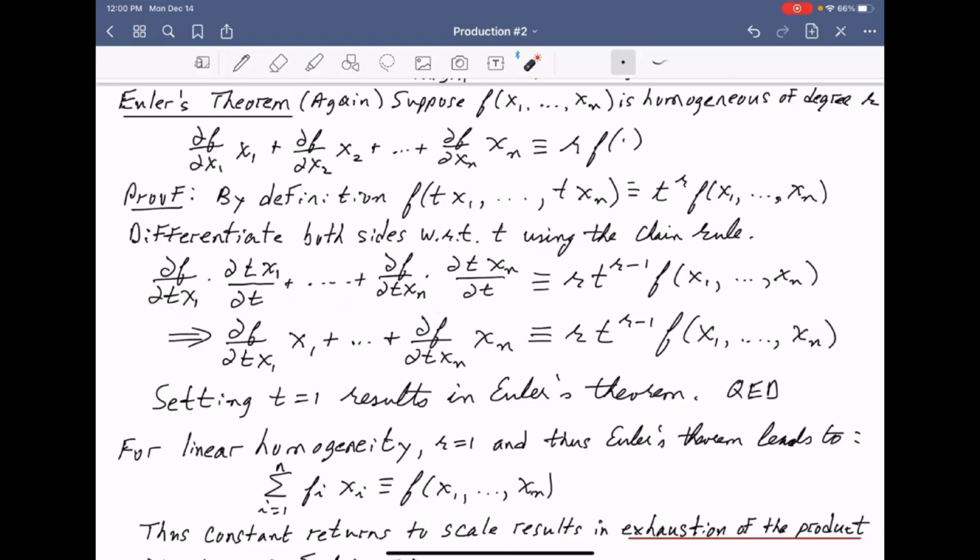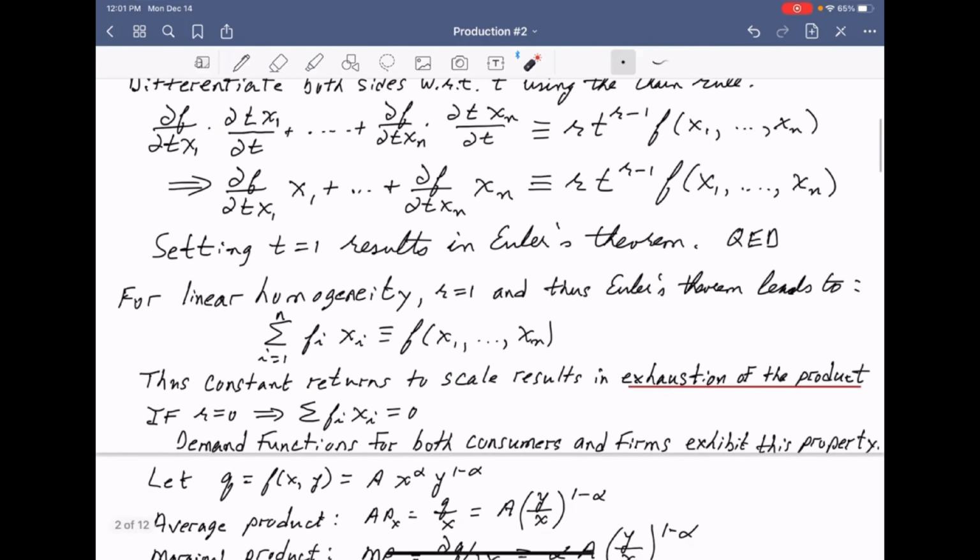Then what happens is we know that the derivative of t x1 with respect to t is just x1. Here the partial derivative of t xn with respect to t is just xn, and we get the same result, that r times t to the r minus 1 times the output is on the right hand side. So all we do now is we let t equal 1, and we get this result here, which proves Euler's theorem.